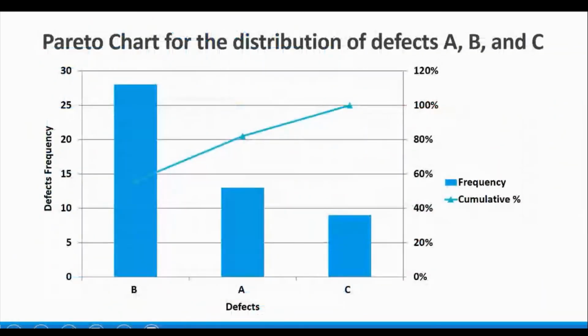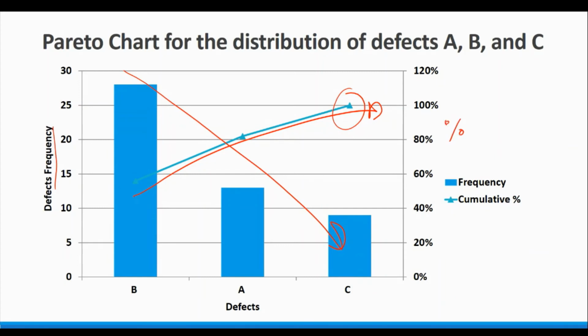Okay, here it is. What you see is that your bars in a Pareto chart should go from high to low, and your cumulative percentage is from low to high, and it always goes all the way to 100. And you can see the scale in the frequency axis is very different from your cumulative percentage axis.